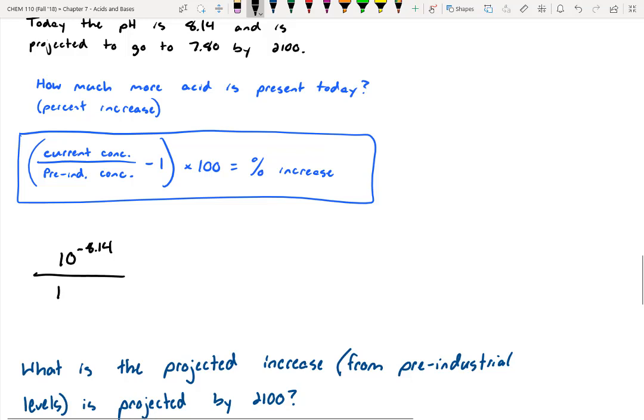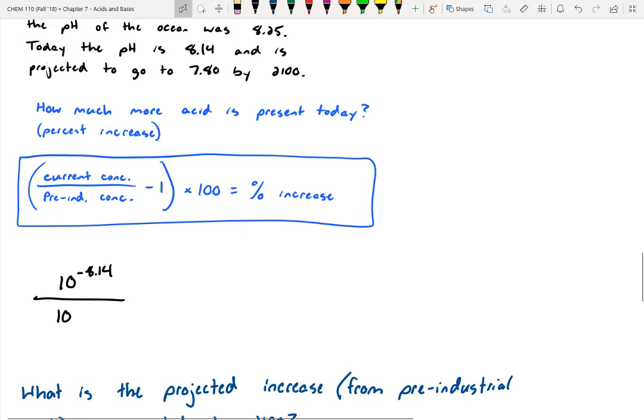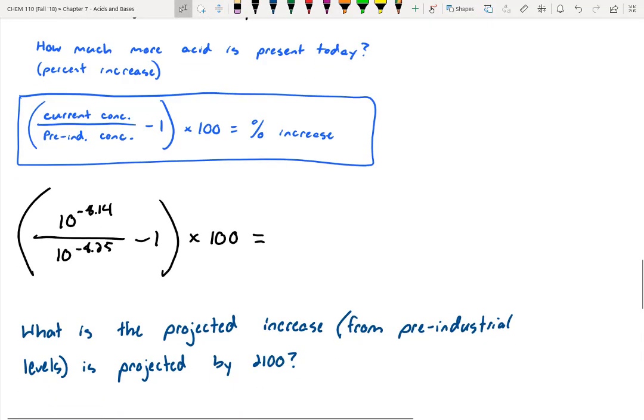Pre-industrial concentration, we said, was 8.25, so it'd be 10 to the negative 8.25 on the bottom. We can subtract 1 by this. We can multiply it by 100, and that should give us our percent increase from the pre-industrial levels to today. So let's try this on your calculator and see what answer you get for the percent increase.